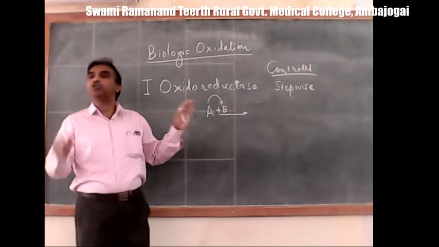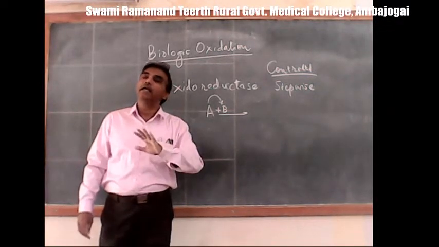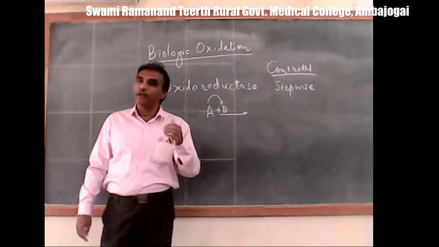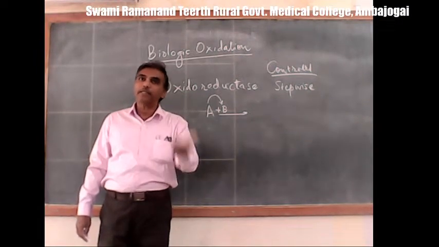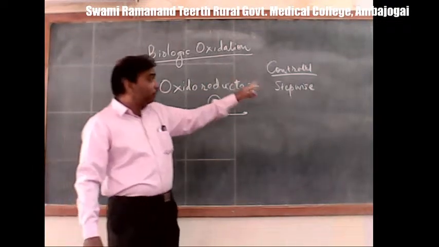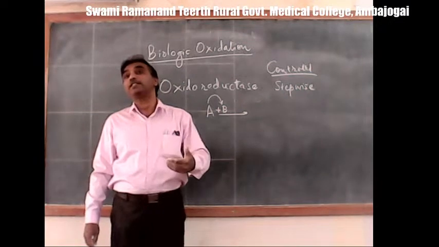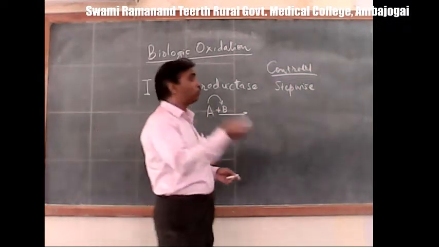Oxidation and reduction always go hand in hand. Whenever one thing donates an electron, there should be another acceptor. So this is controlled and stepwise, where the oxidation reduction process occurs from donor to acceptor.